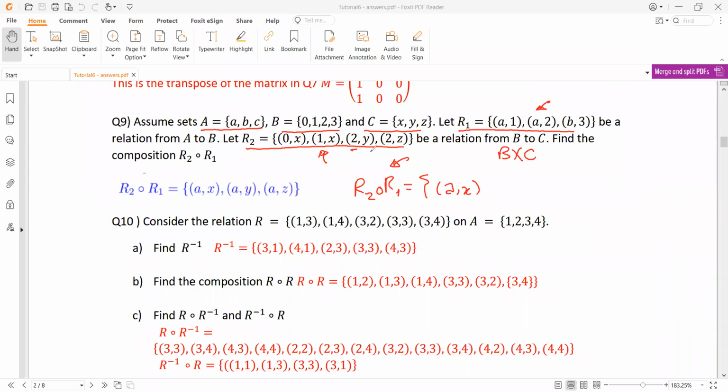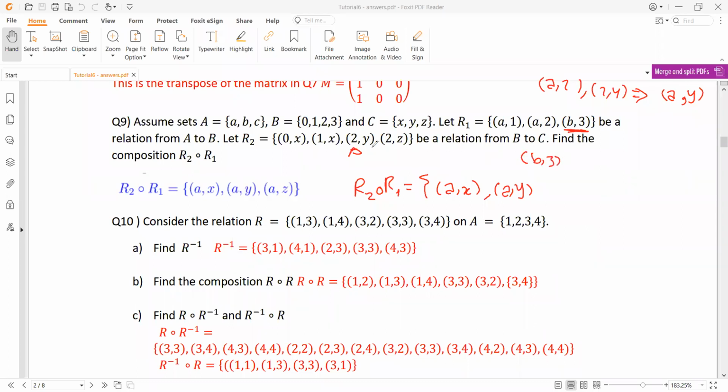A with 2. Is there any pair here that starts with 2? Yes, there is. 2, Y. So combining A with 2 and 2 with Y will give you A goes to Y. Doing the same process again, combining B with 3.